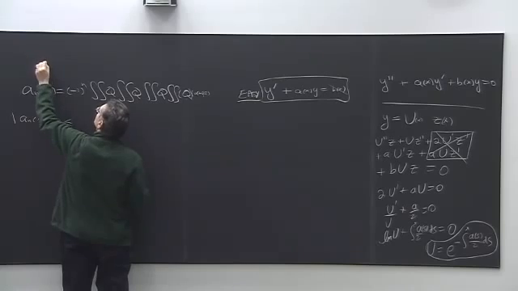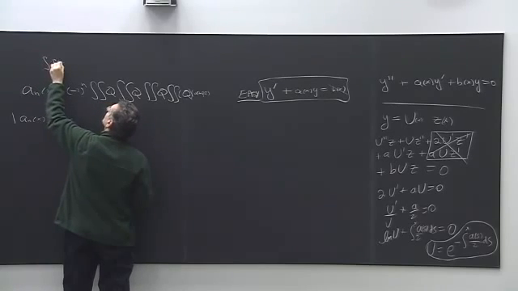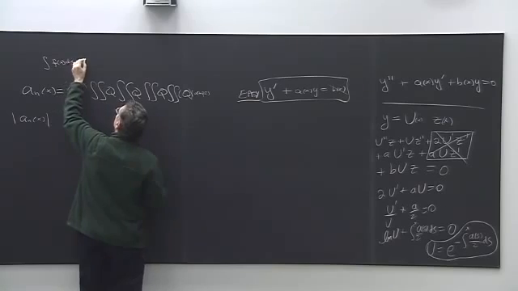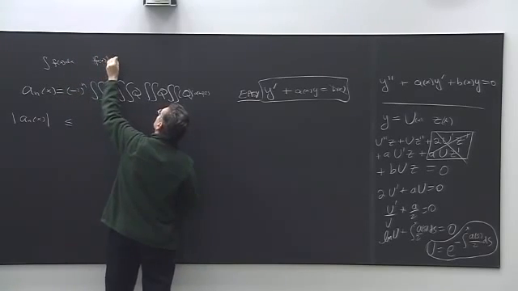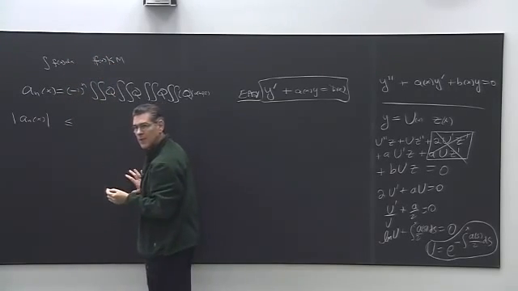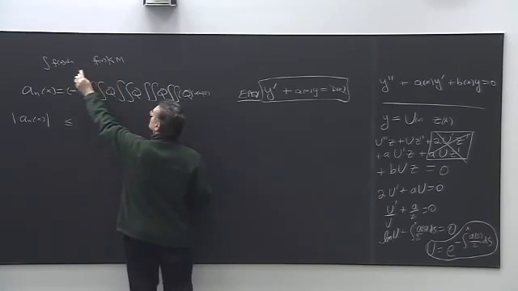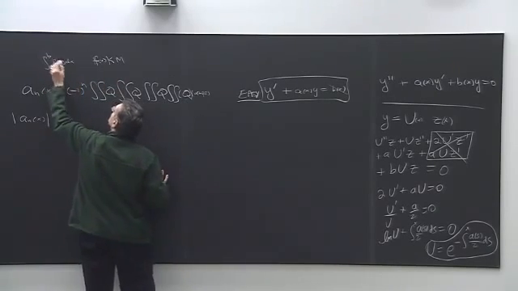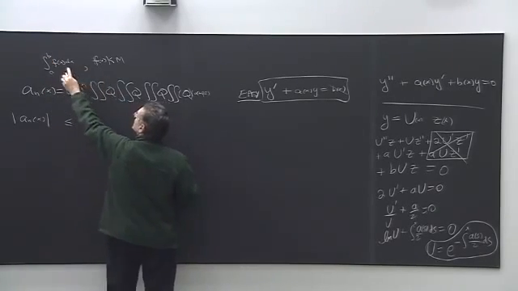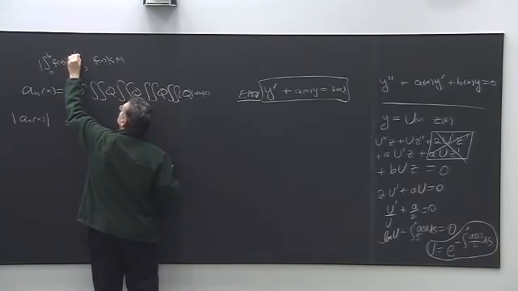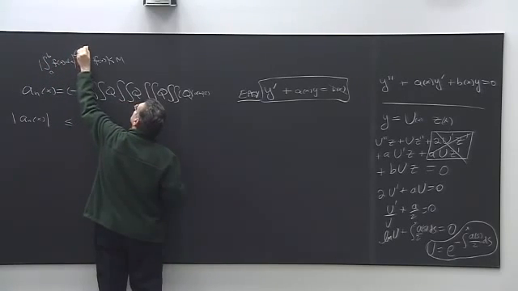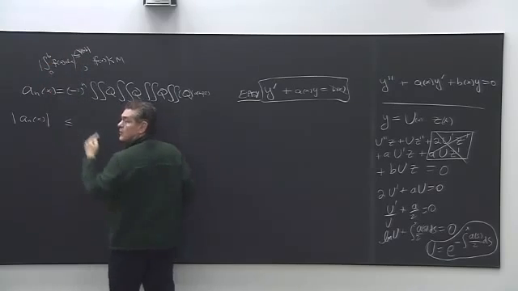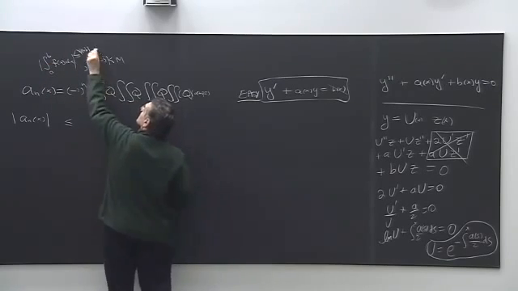If I have some integral of f of x, and if f of x is bounded on some interval by M, then the integral from a to b, in absolute value, is less than or equal to the length of the integration path, b minus a, times M.